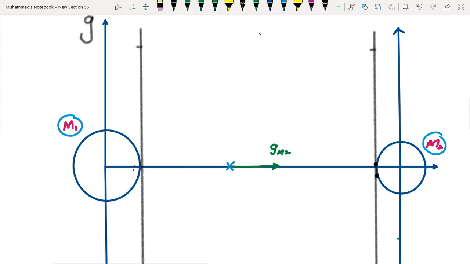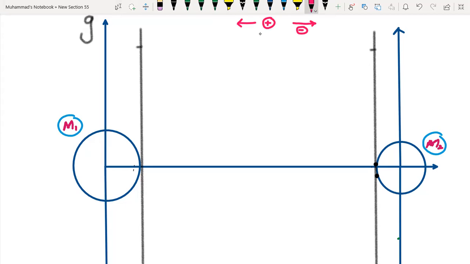First of all, I have to decide my sign convention. Let's say I choose this sign convention. I take left as positive, then I have to take right direction as negative. The gravitational field strength due to mass M1 will be towards left, and that is taken as positive.